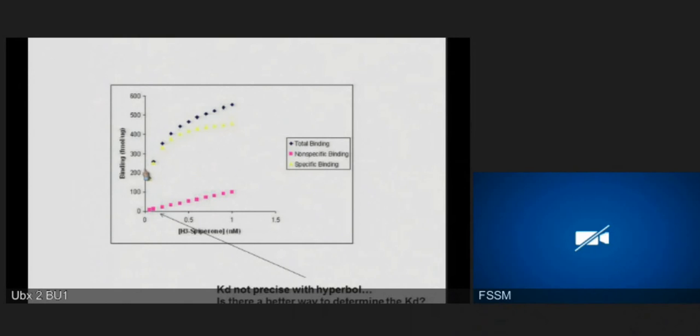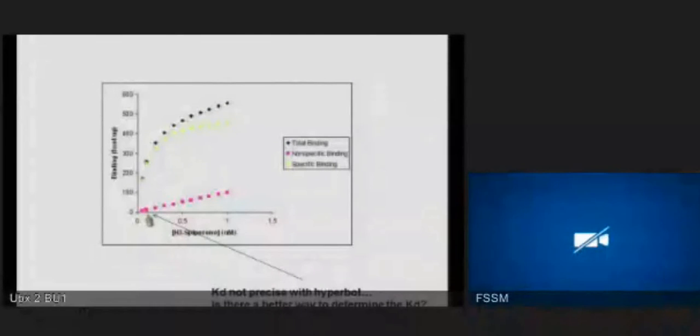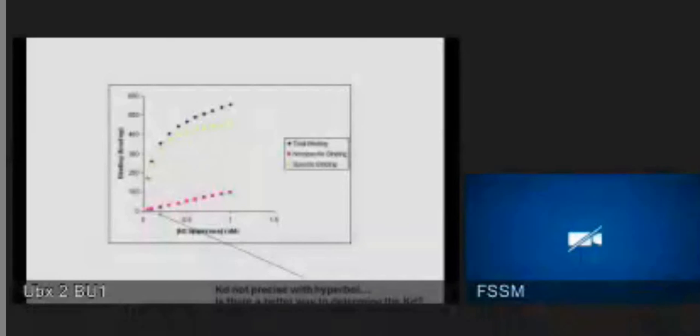So this is 50% binding. And you see that it is not really clear. Could be 0.1 nanomolar, but this is not clear. So the KD is not that precise if we want to determine it with only the hyperbole or even the sigmoid representation.